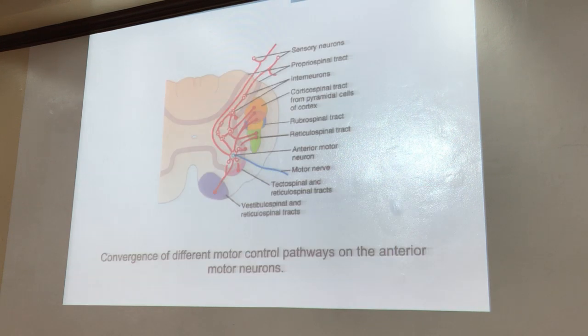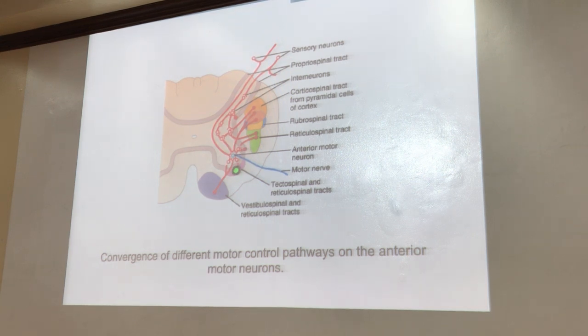Okay. Now, this illustration in Guyton will show you, kita nyo, di ba, this is the anterior motor neuron, taking into consideration all of these pathways converging on it, no? Parang pinagkaisahan siya, parang sinistimulate siya dito.